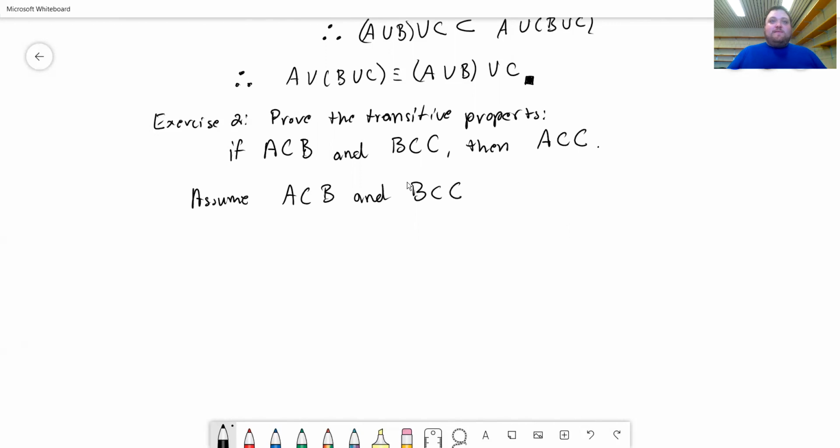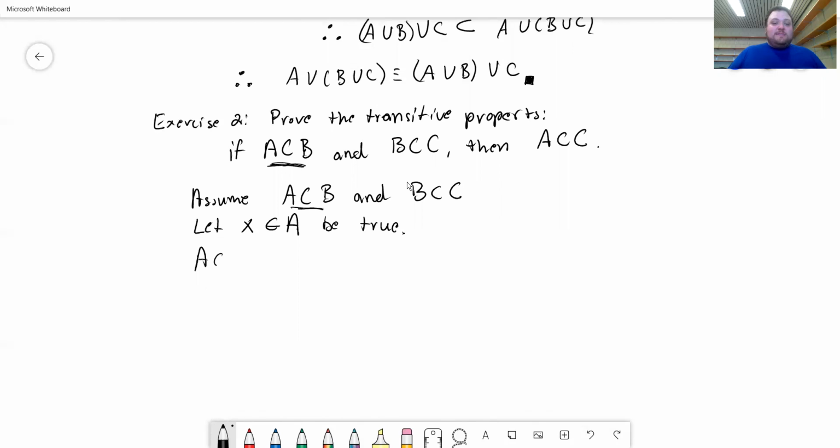And if we assume that, and we let X be an element of A, then we use this idea right here that we know to be true. We know that A is a subset of B. We've assumed it.